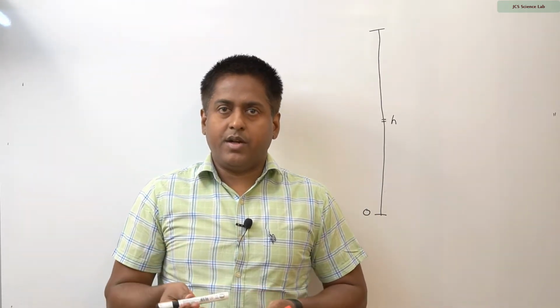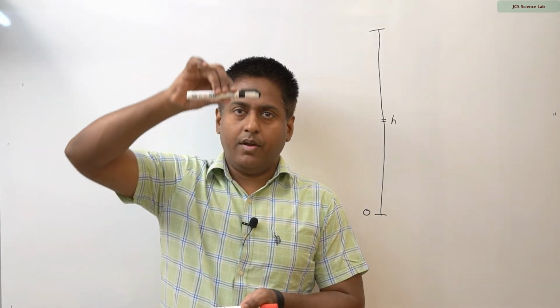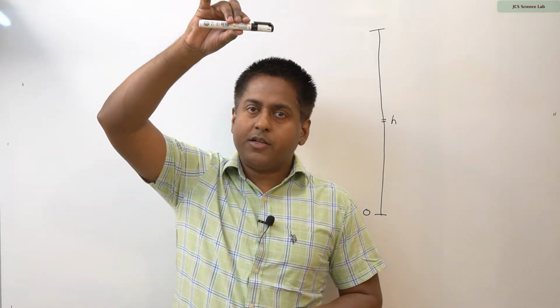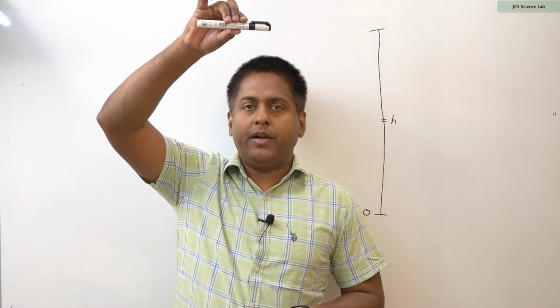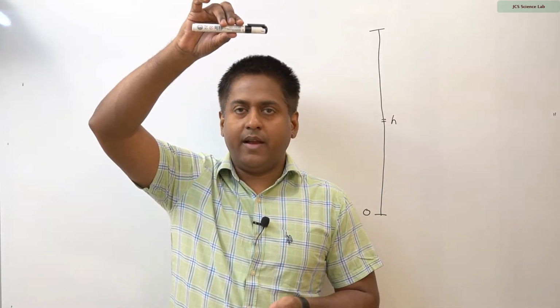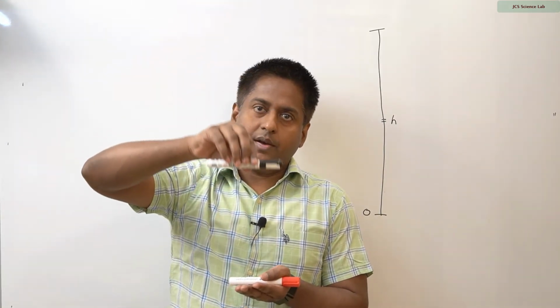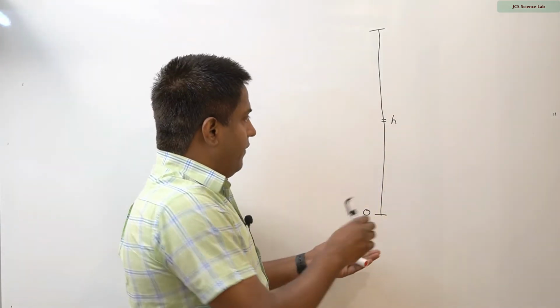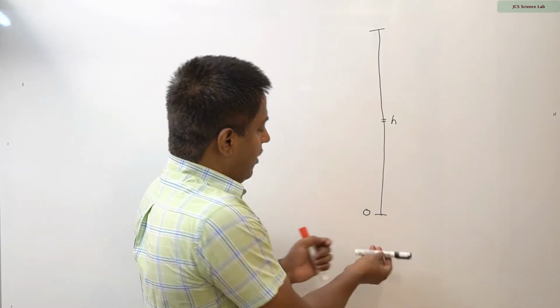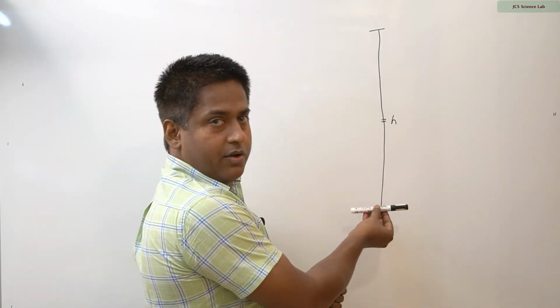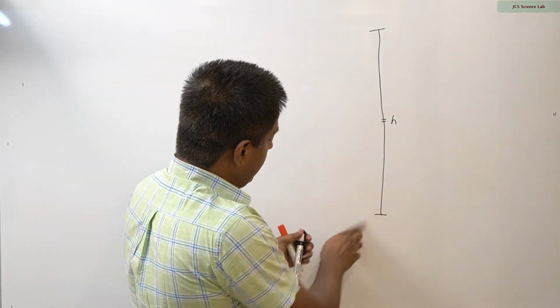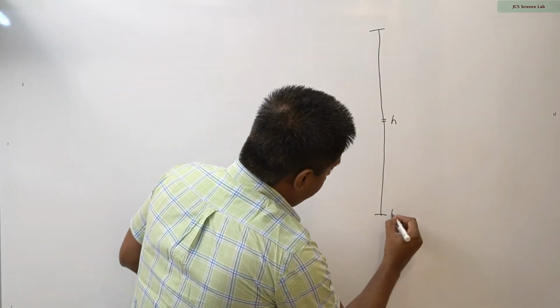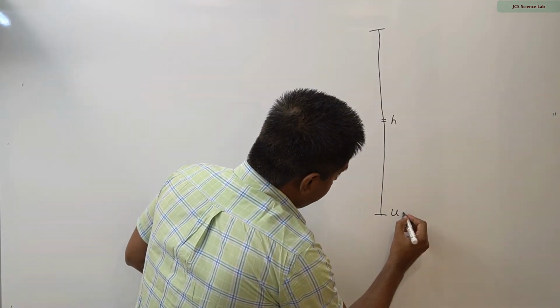And then the object starts moving upward, and at the highest position, it stops for a moment and then starts moving down again, in free fall. If you see here, the object is thrown with some initial velocity, u. Initial velocity is u, right?